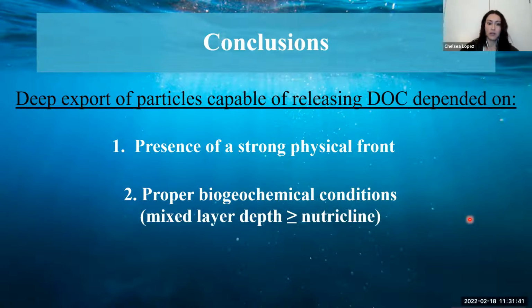It appears that you need the proper biogeochemical conditions, so the mixed layer depth that crosses the nutricline, so you need to have the access of nutrients in the mixed layer to induce export. But if you have that front there, you are basically injecting nutrients longer and more consistently into the mixed layer. So you are increasing the rate of export, which ultimately appears to release DOC.